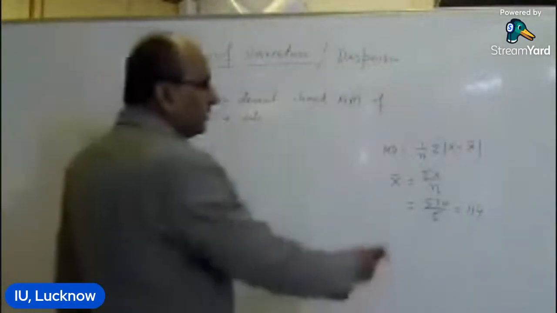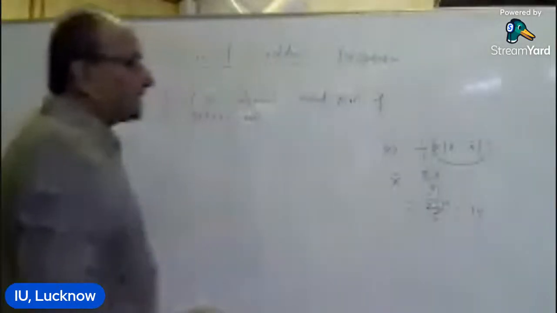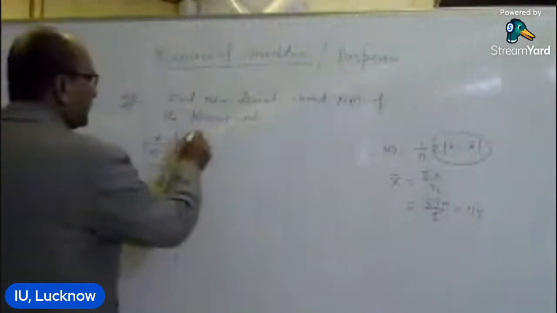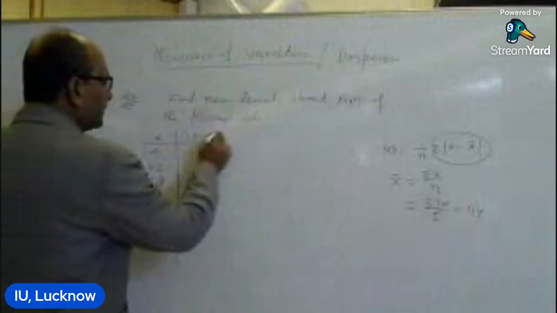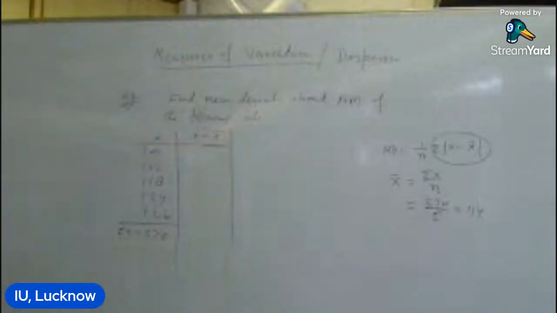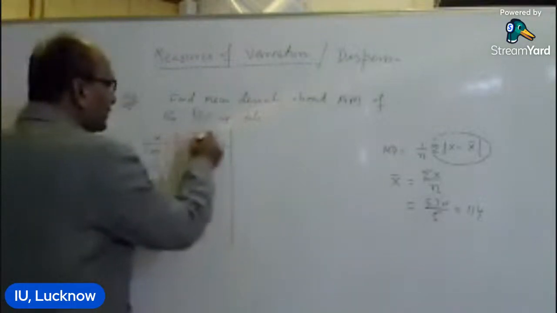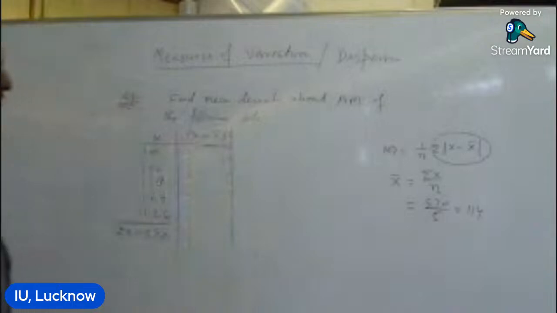Now we have to find summation mod x minus x bar. So we take the x minus x bar here. We prepare a second column, and we take the value of x minus x bar in mod value. Mod value means we take only the positive quantity.